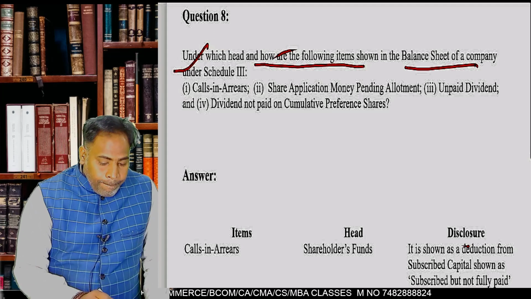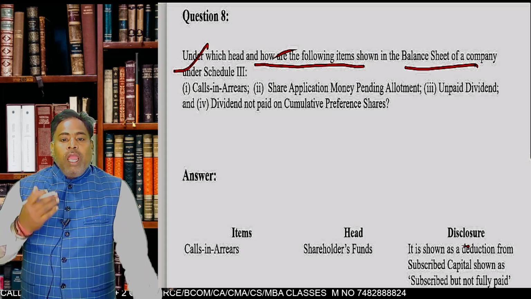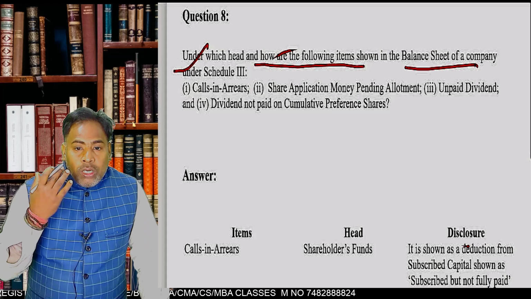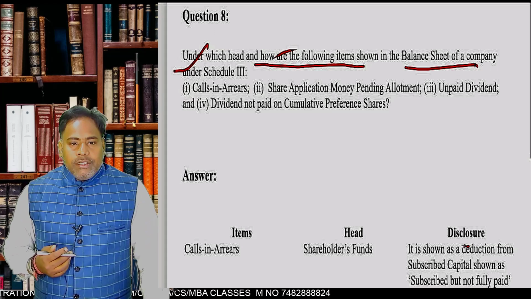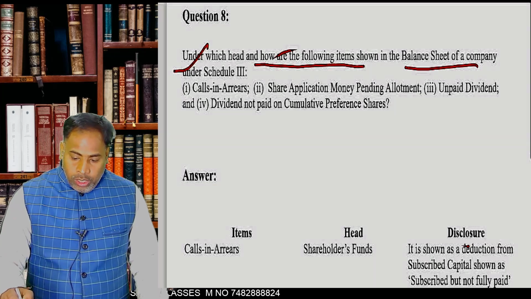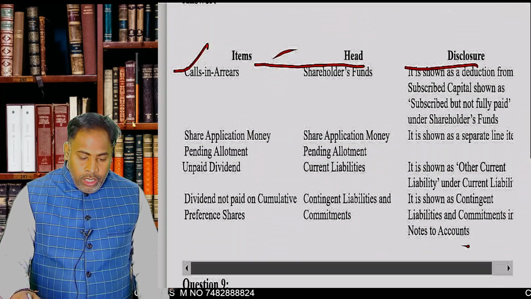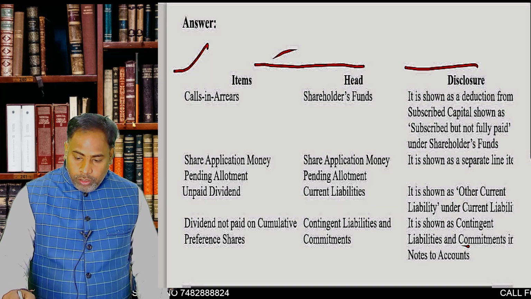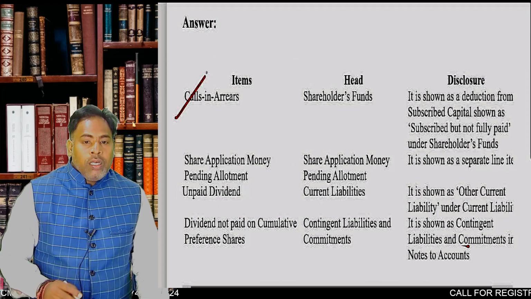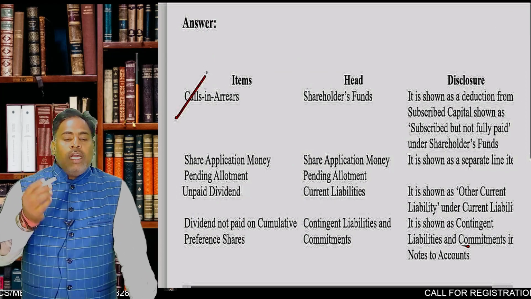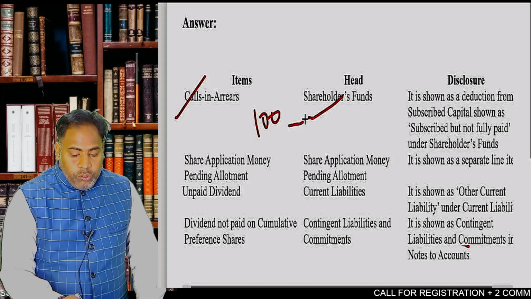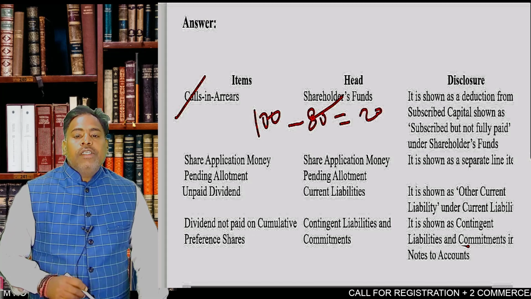Calls in arrear, application money pending allotment, unpaid dividend, dividend not paid on cumulative preference shares. Which head are you going to show each under? Calls in arrear is part of shareholders' funds. Say 100 rupees is due and you received only 80 rupees, then 20 rupees is calls in arrear.